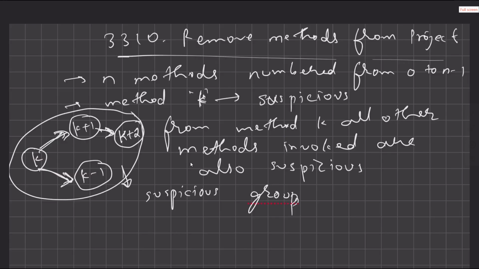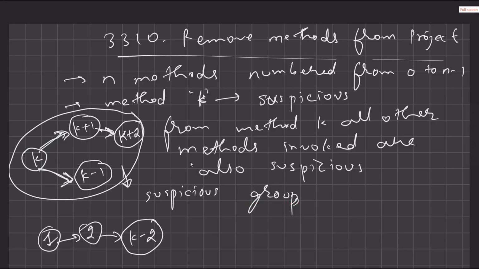And now let's say we have some methods like 1, 2, k minus 2, and let's say they are interconnected, something like that.